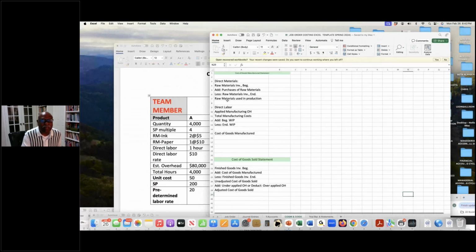There's the raw materials that are used in production, there's direct labor, and there's the applied manufacturing overhead. And we're adding those three numbers together: raw materials, labor, and overhead.